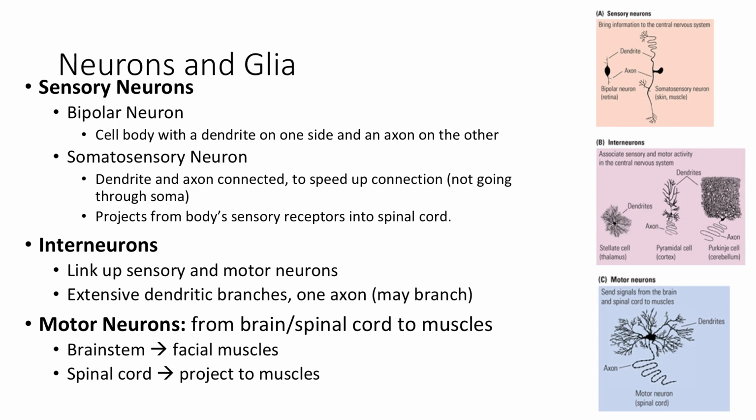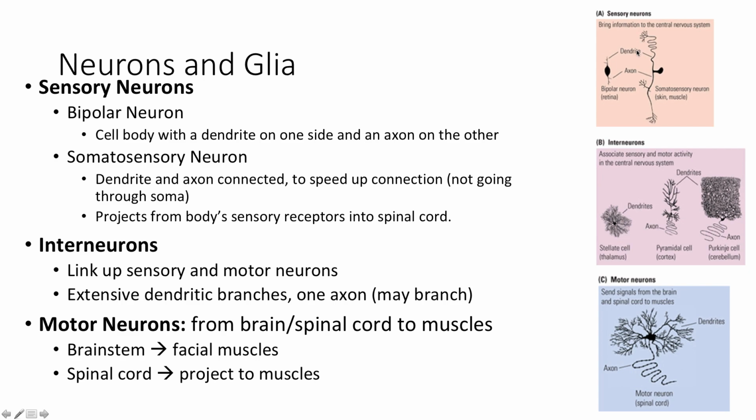So let's talk about these in a little bit more detail. So the simplest sensory neuron is the bipolar neuron. So here you have the sensory neurons. The simplest one is the bipolar neuron right here. It has a cell body, which you can see right here, and it has a dendrite on one side and an axon on the other side.